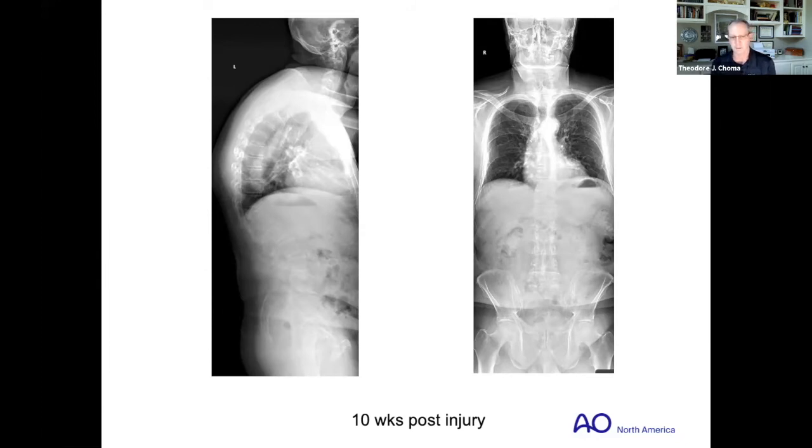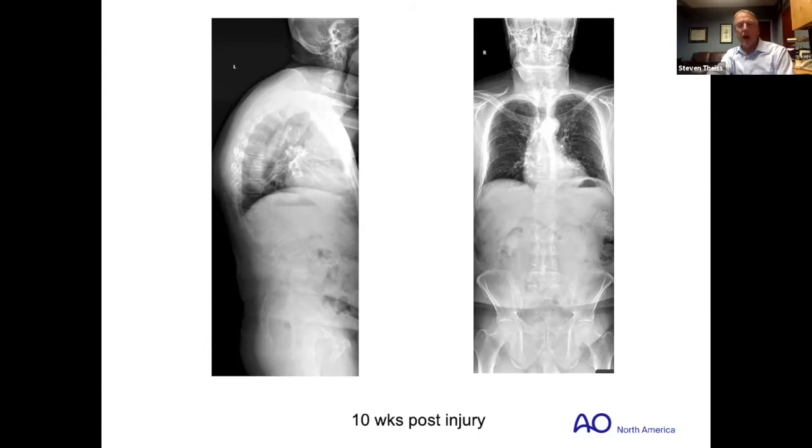If you wanted to get by, or you don't have cement augmented screws available, then I'd be thinking about ways to gain anterior column support, and that would mean either a transpedicular approach or a small costotransversectomy, or some way of getting in there to get a good load sharing anteriorly.